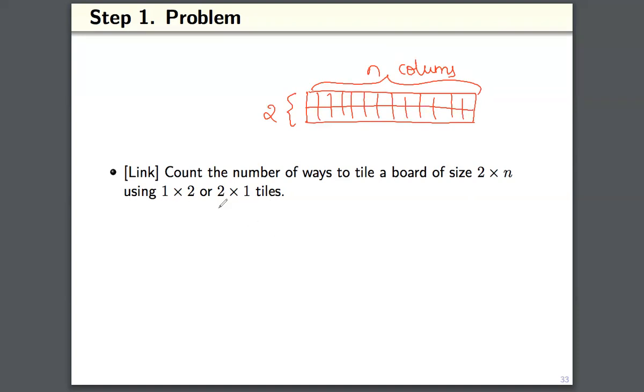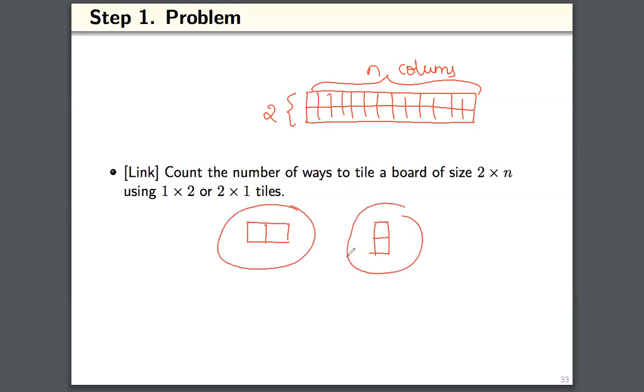And you have these kinds of tiles, 1 cross 2 tiles or 2 cross 1 tiles. 1 cross 2 tile means this. 2 cross 1 tile means this: 2 rows, 1 column. And here 1 cross 2 means 1 row, 2 columns. You have 2 types of tiles.